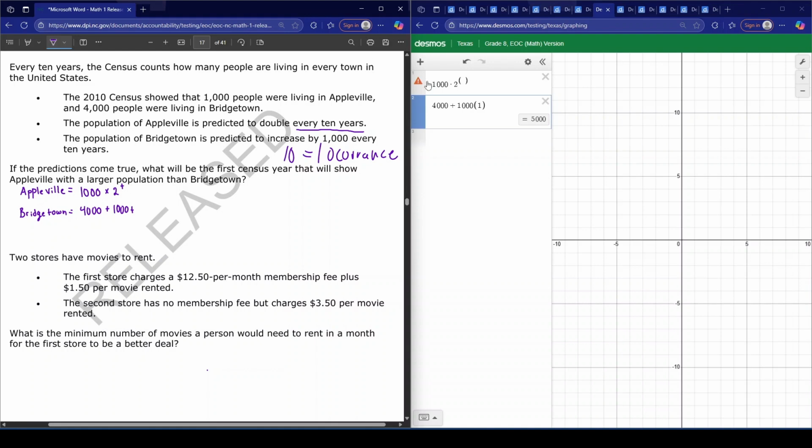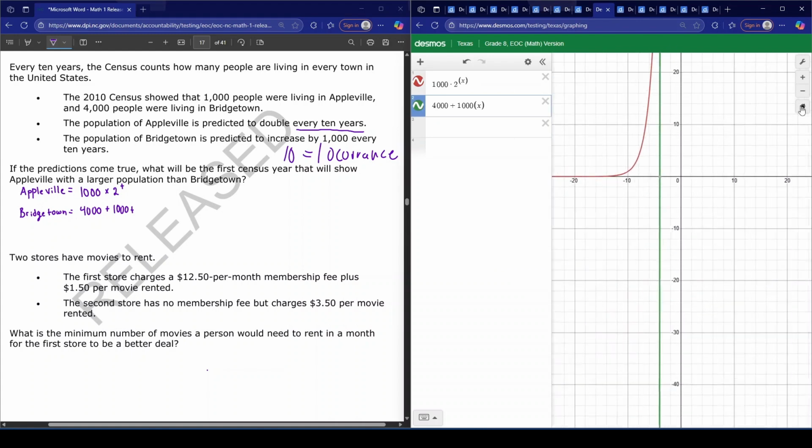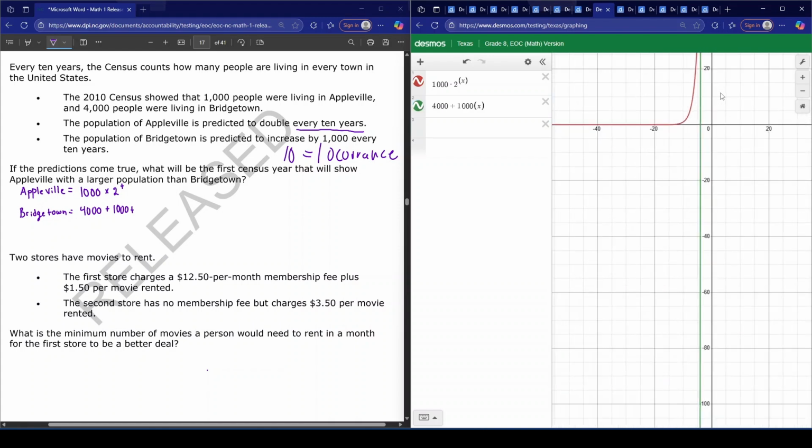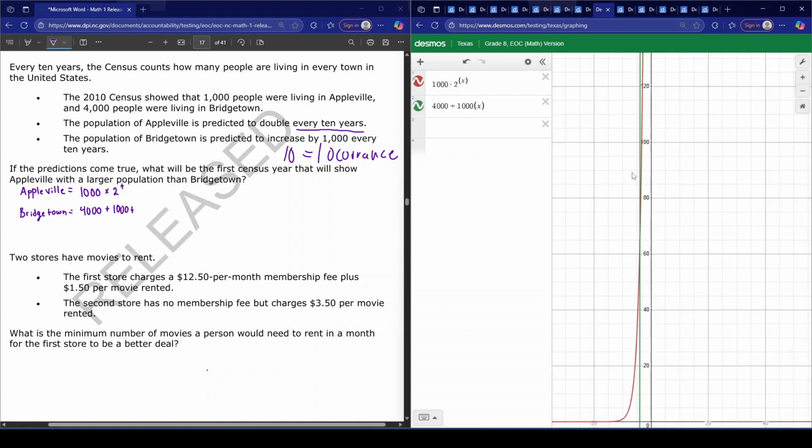So let's show that over here on Desmos. So 1,000 times 2 to the t, which in this case is just going to be x for us, right? Just x. Right. So let's actually look at these graphs. And if we do, let's just go up and up and up. So when do they intersect?